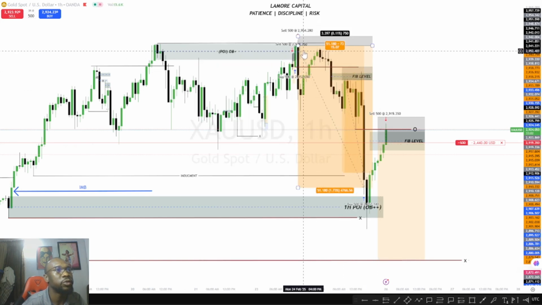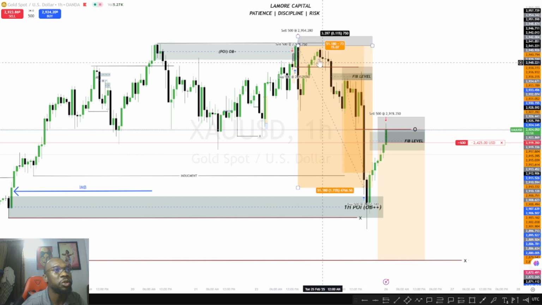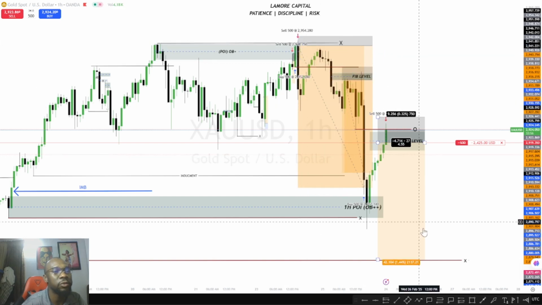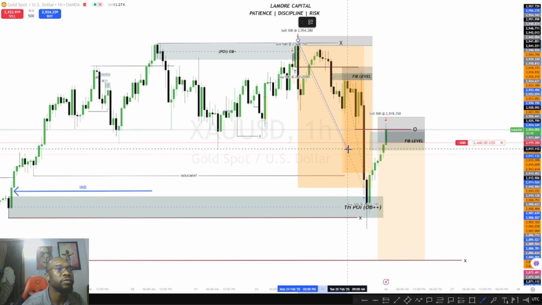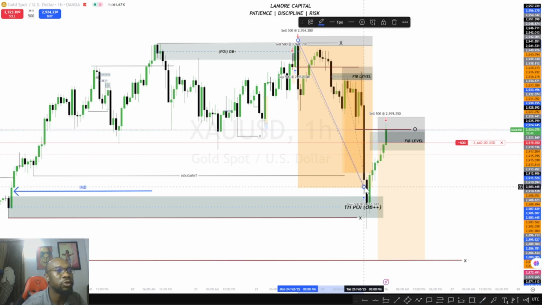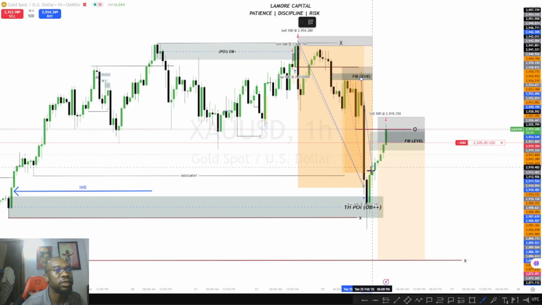Okay, can you see? I rallied this particular trade from this liquidity here, from this liquidity to this particular root zone here. I also rallied the second trade from this Fib level to this Fib level.